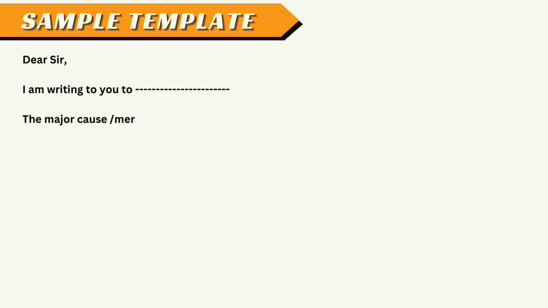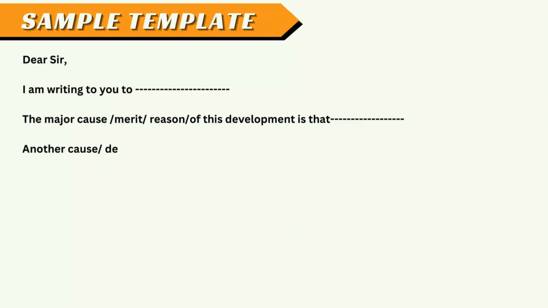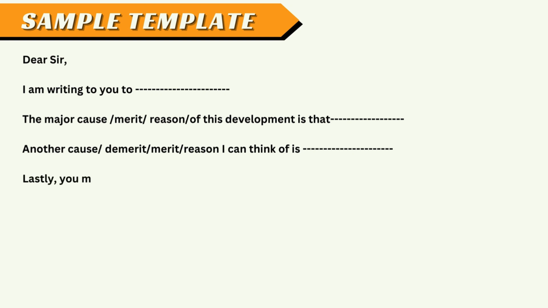Basically this will come from the prompt itself, and then you can say the major cause, the major reason, the major benefit, whatever your letter is talking about is that, and then you can continue. Another cause, another demerit, another merit, another reason I can think of is, this will satisfy your second theme rather. And then you can say lastly, you must also take into consideration that this will be talking about your theme 3. And then you can have any line for the closing paragraph.